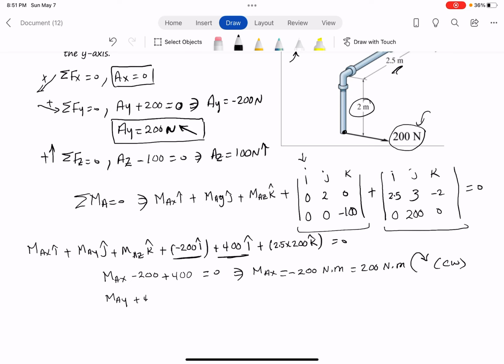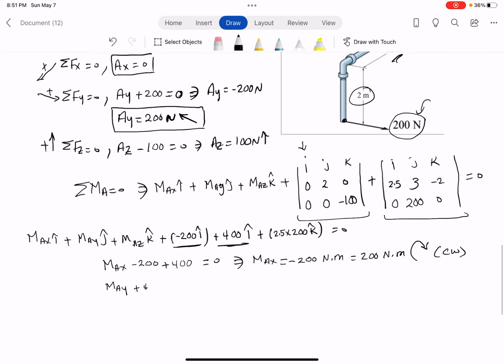That is the moment at X. Moment at Y, you can see here there's no J, so this is plus 0. So MAY is equal to 0.